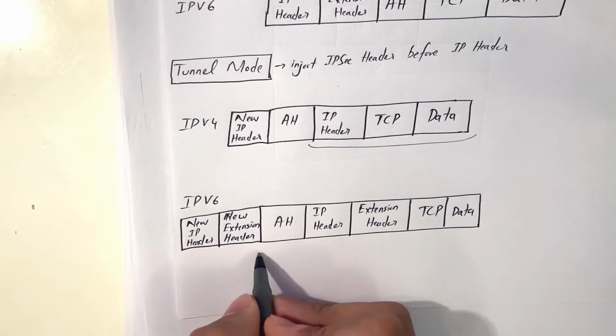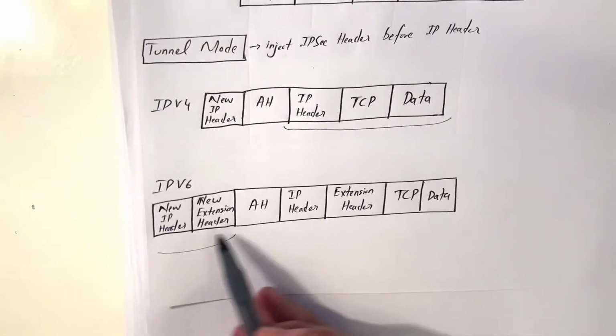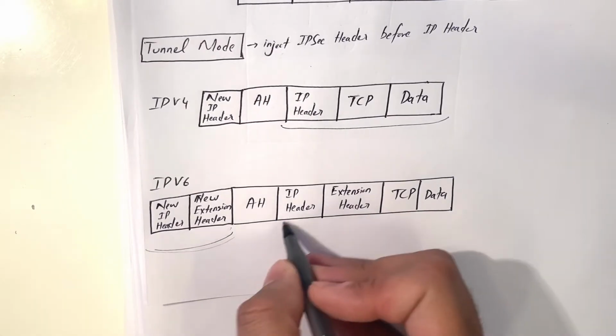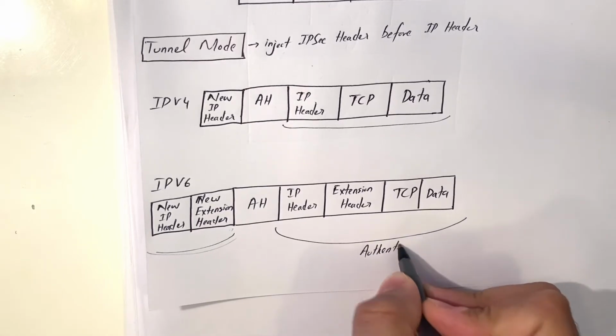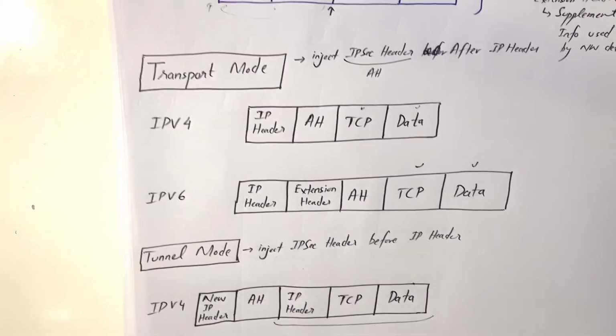So an IPv6 packet should have these two fields. These two fields will be added before the authentication header, and the rest of the things after the authentication header will be fully authenticated. So this is basically how it's going to be implemented in both transport mode and tunnel mode.